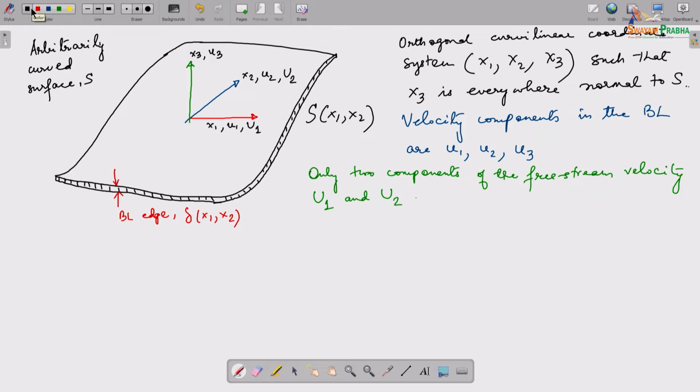Now x3 is normal to the wall, and the boundary layer is assumed to be thin.